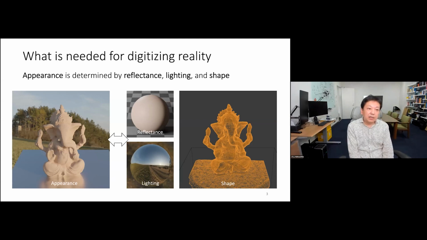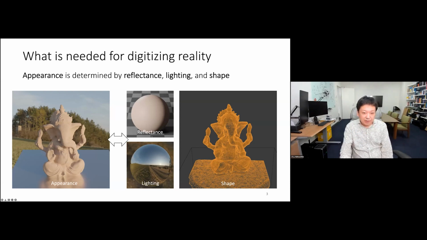So what is needed for digitizing reality? When we see an object in the real world, what we are seeing is actually light reflected off of the object's surface. We are not really seeing the objects, but what we are seeing is light that is reflected. The appearance of a real-world object is determined by a few factors.